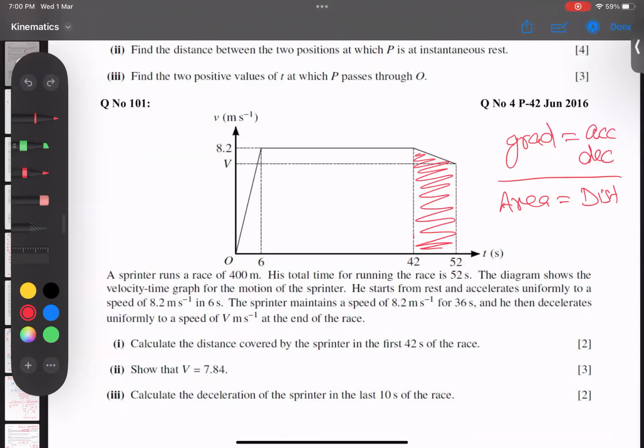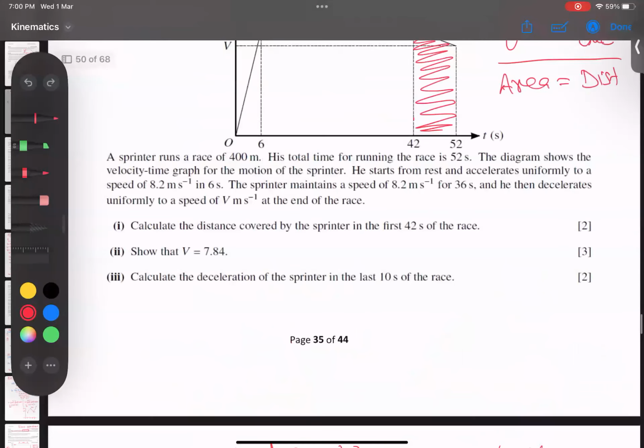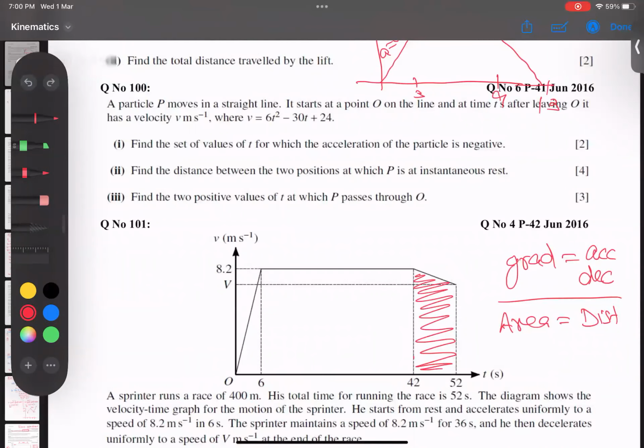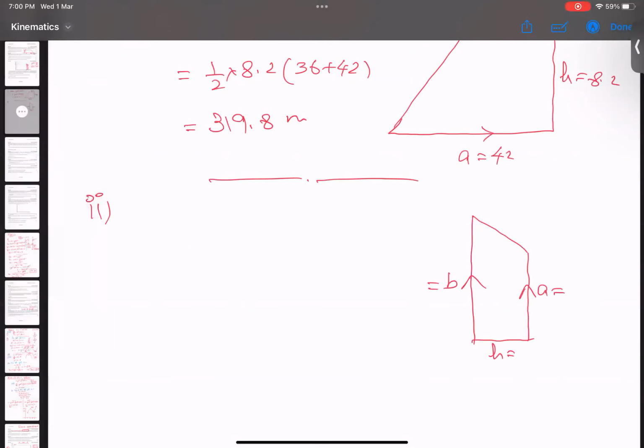The total distance of the whole shape is 400, and the distance of the first 42 seconds we just got. So I make the last trapezium shape, with A, B and H.